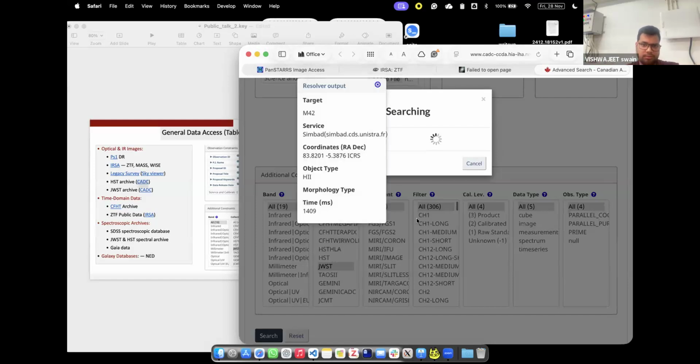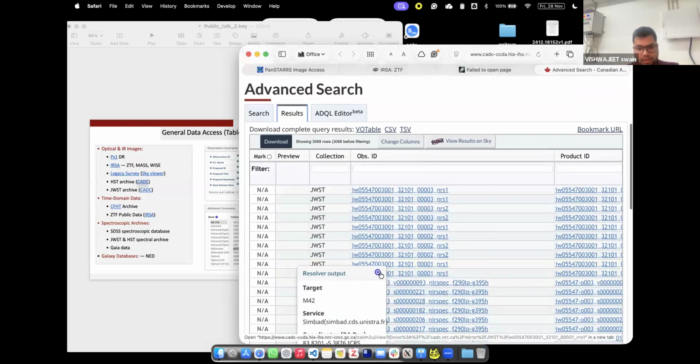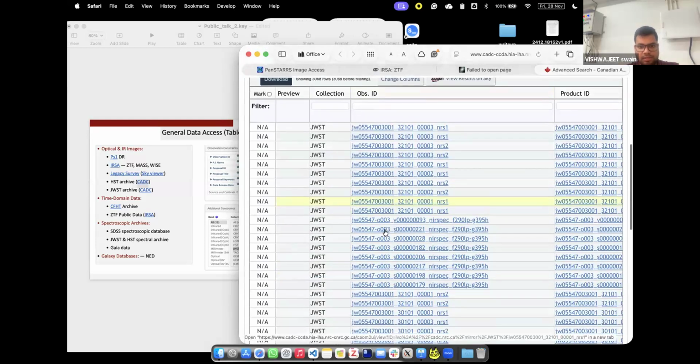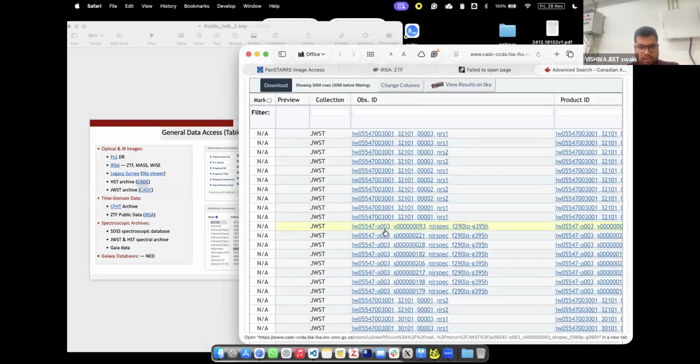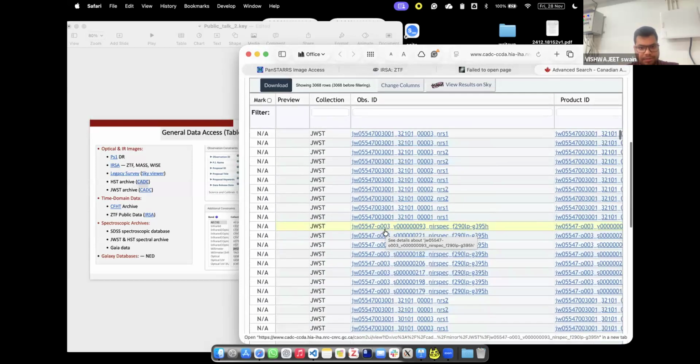So currently it is trying to resolve the name using the Simbad resolver, and then it will give the result. Yes, so here we can see the bunch of results we got, and I guess there should be a few images. It is trying to load.